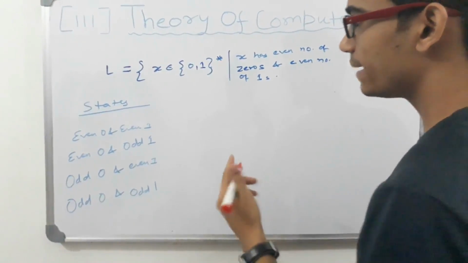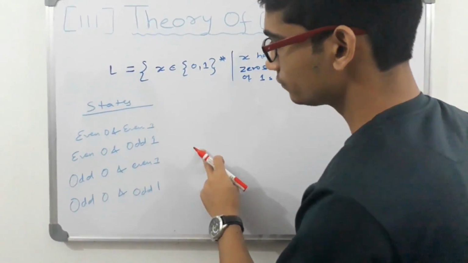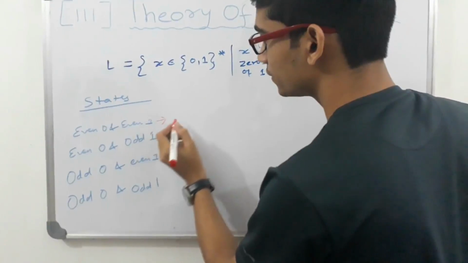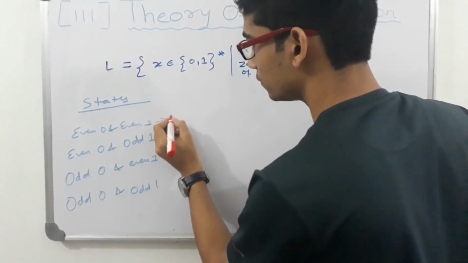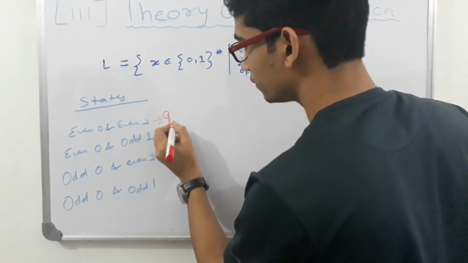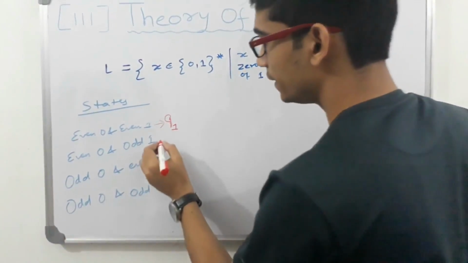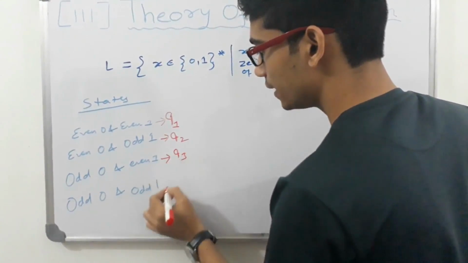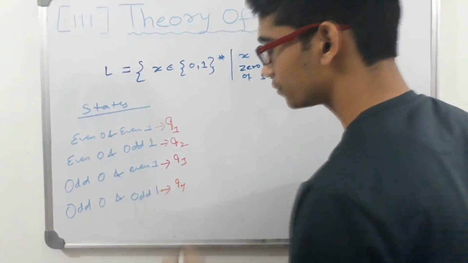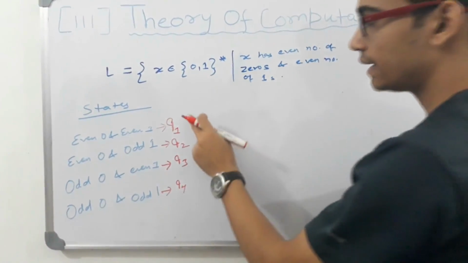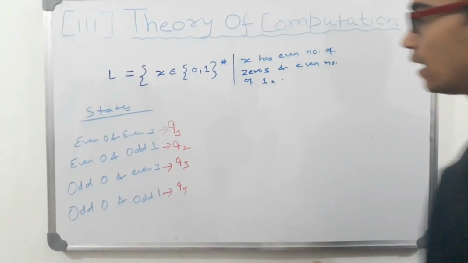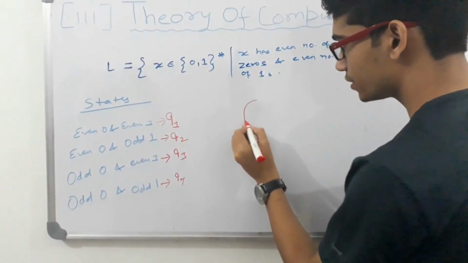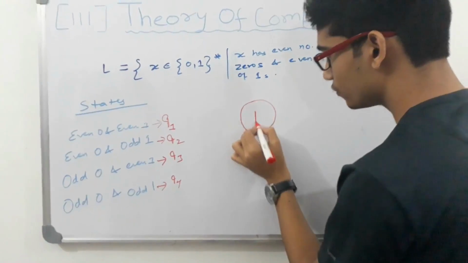Let us name the states: even and even we'll name Q1, this state Q2, this state Q3, and this state Q4. I have named these as my 4 states. Now let me draw those states. At first I draw this Q1 state.